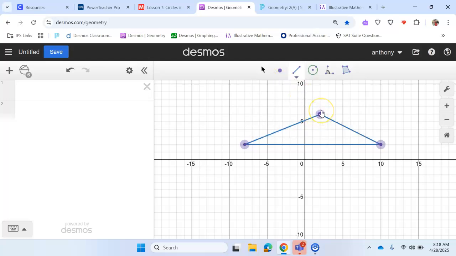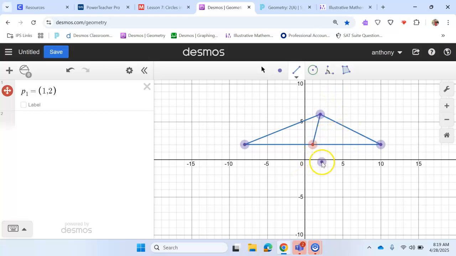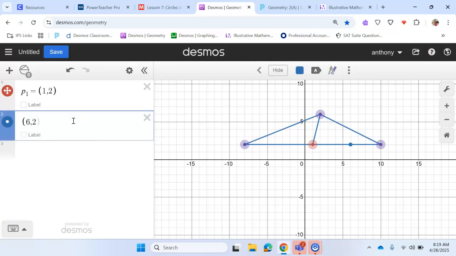Okay, I'm going to connect this angle to its midpoint, which I believe is right there. That's 1, 2. I think this one's midpoint is 6, 2. I'm at 6, 4.